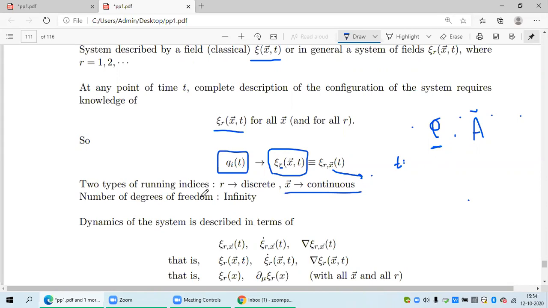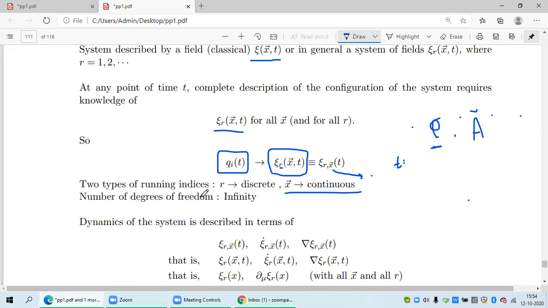This entire set of infinite numbers you have to specify to describe the configuration of the system at that time. It is not just functions. I have to see it in terms of numbers, because I want to describe the generalized coordinates of the system.